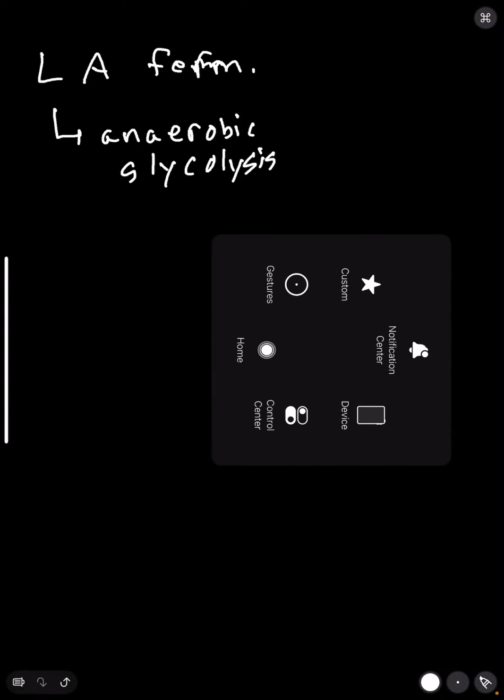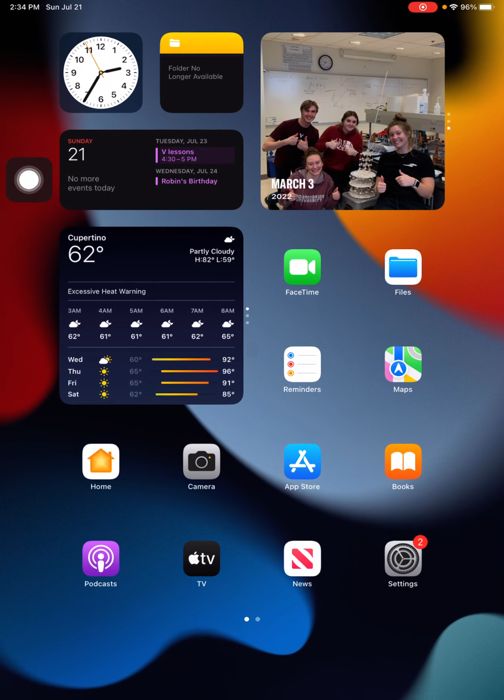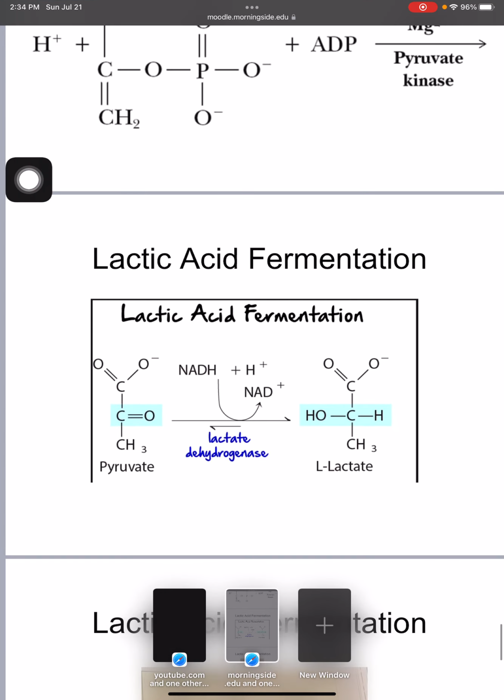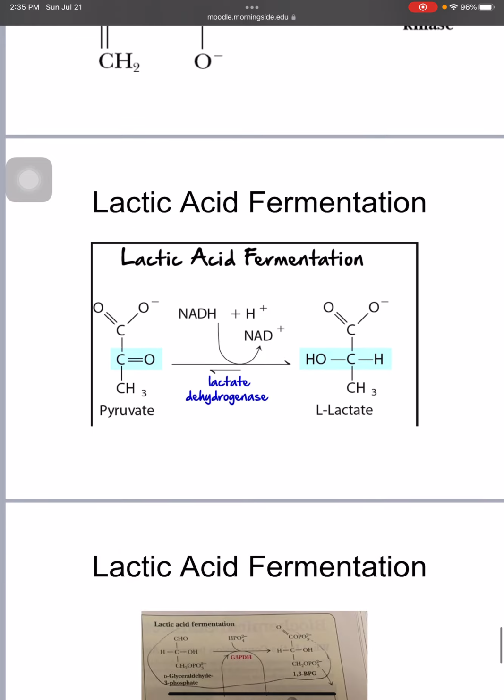Remember, anaerobic processes are not going to involve oxygen. The citric acid cycle is most definitely an aerobic process. It uses oxygen. Pyruvate, however, can enter this anaerobic process.